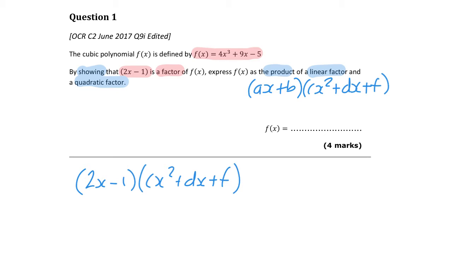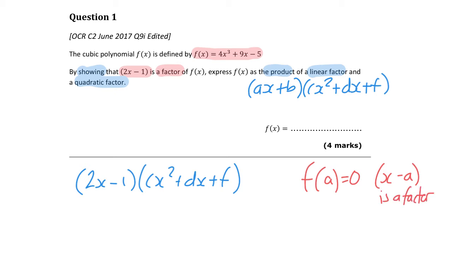But it says show that's a factor, so this is when I need some more key knowledge. The key knowledge is that if f of a equals 0, then that means x minus a is a factor. That's called the factor theorem.